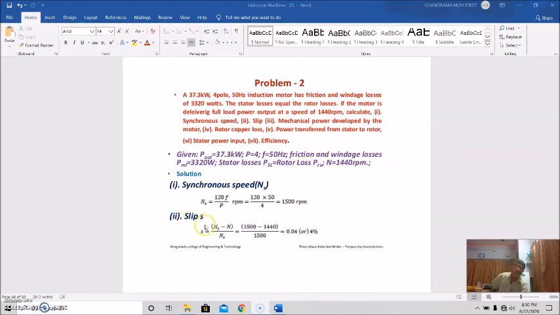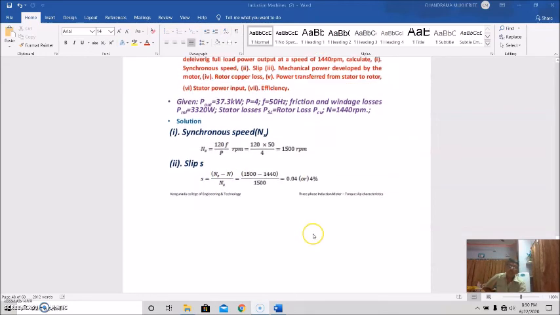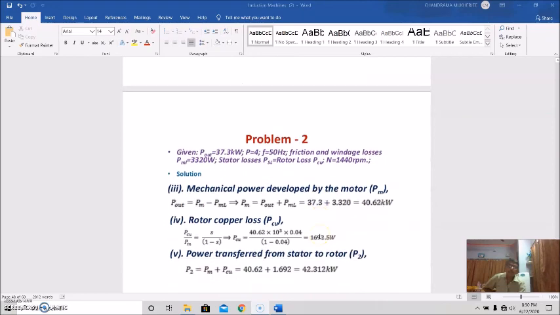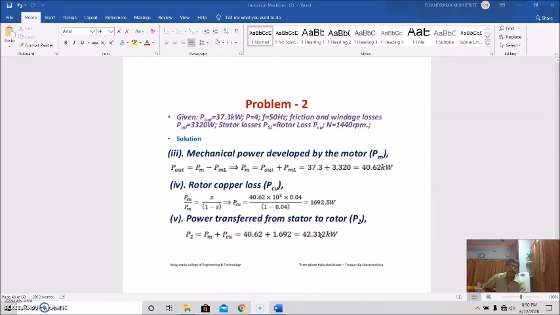So the synchronous speed we can find from the equation Ns equals 120 F by P, and slip equals Ns minus N by Ns. Now, the mechanical power developed by the motor: P output is equal to mechanical power developed minus mechanical losses. So the output plus these losses is the mechanical power developed.